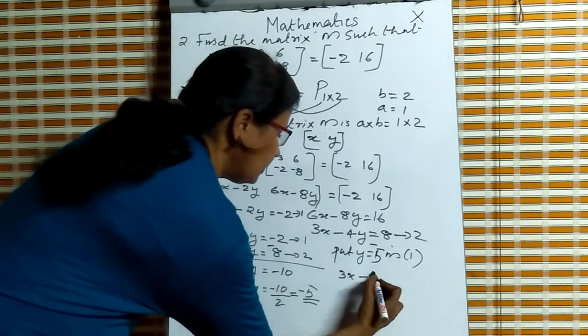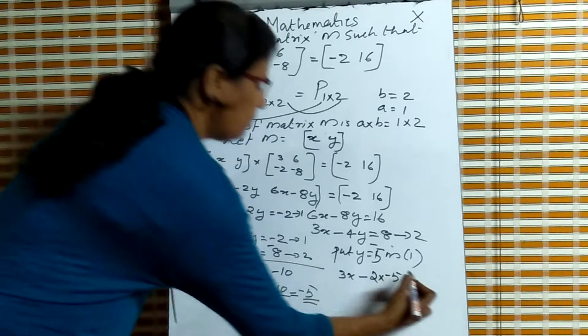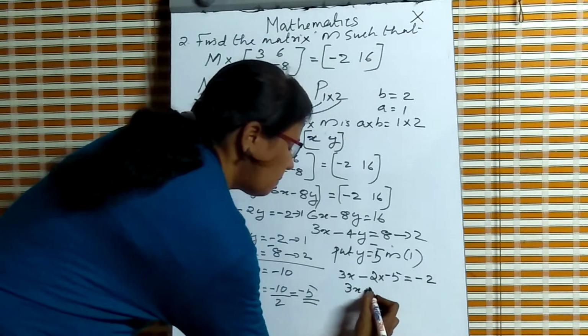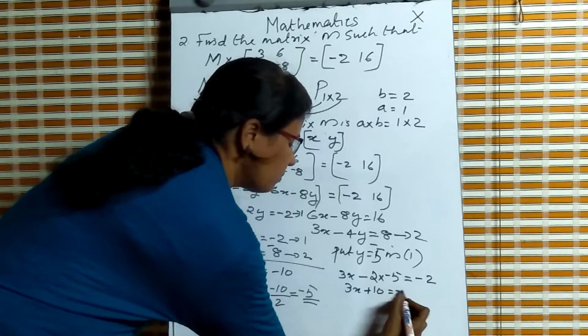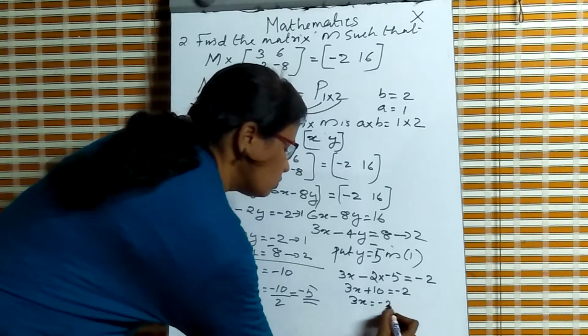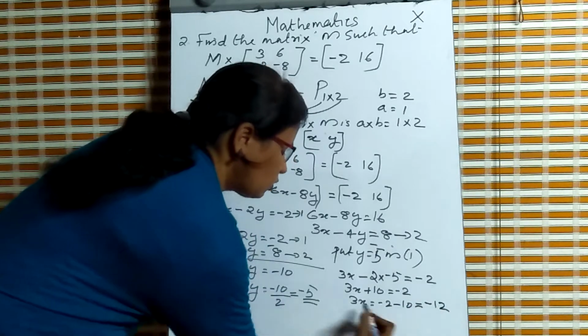3x minus 2 into minus 5 is equal to minus 2. 3x plus 10 is equal to minus 2. 3x equals minus 2 minus 10, which equals minus 12.